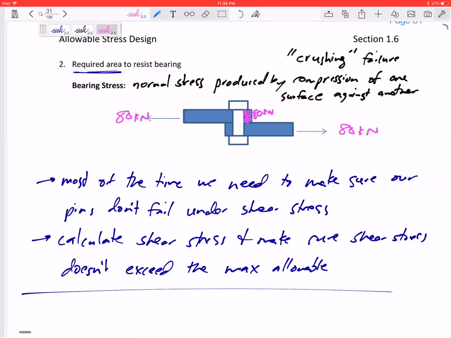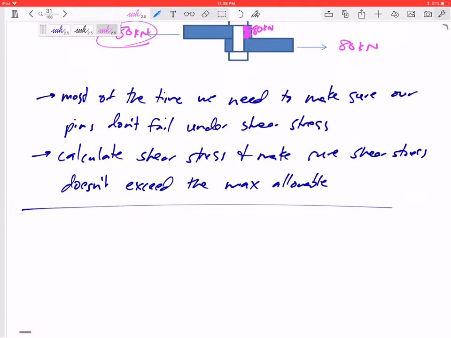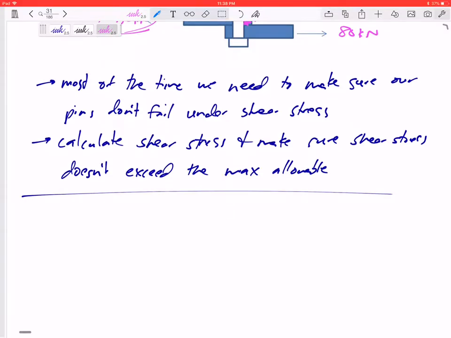So this 80 kilonewton force is kind of really applied right here on the beam. So we need to make sure that 80 kilonewton force doesn't crush the pin.